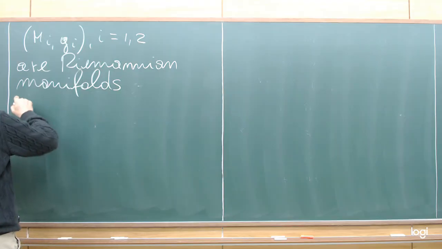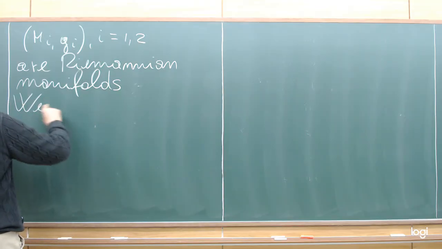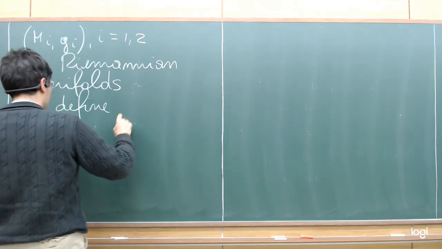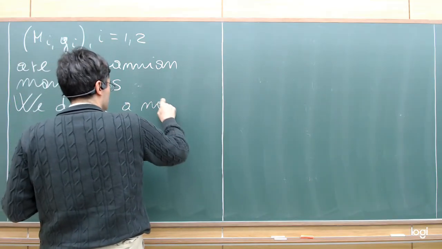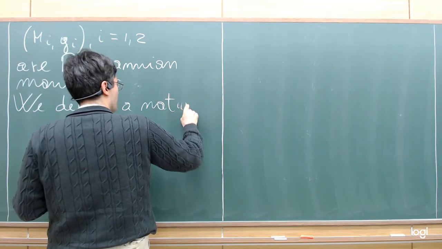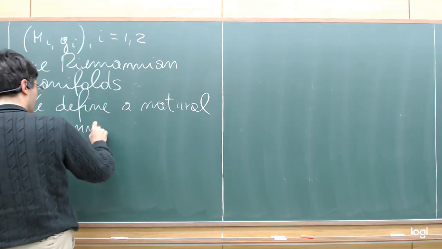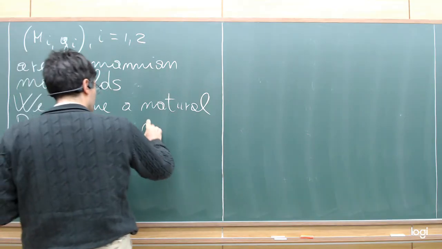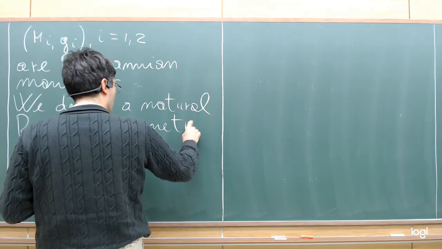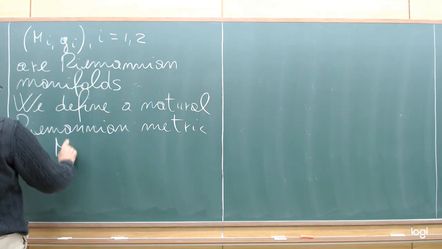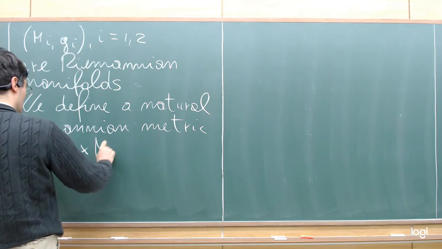Then we can define a natural Riemannian metric on M1 times M2.